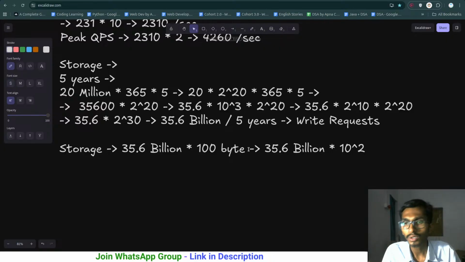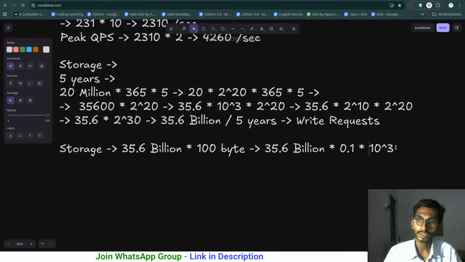But 10 to the power 2 means nothing, so we'll have to make it 3. To make it 3, I have to multiply by 0.1, or 10 to the power minus 1.